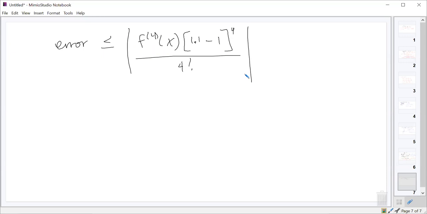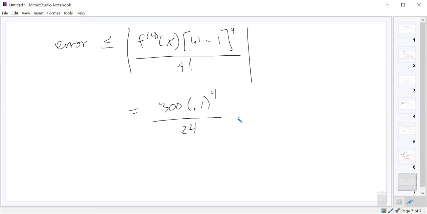So our error is less than or equal to this, and our fourth derivative is always going to be less than or equal to 300. So this is 300 times 0.1 to the fourth over 4 factorial, which is 24.